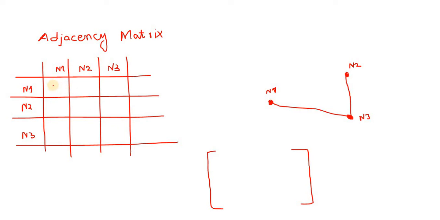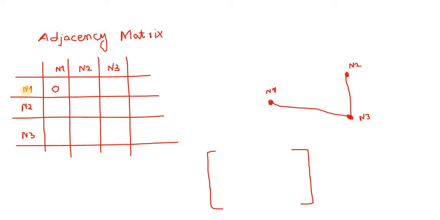So how it works is that it shows the connection between n1 and n1. Is there any edge that connects n1 and n1? No, so it means this is 0. And I'm talking about this graph here. I'm trying to make the adjacency matrix of this graph.